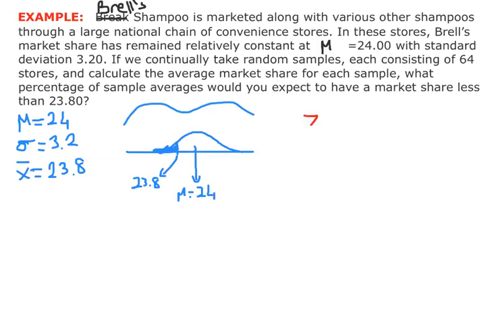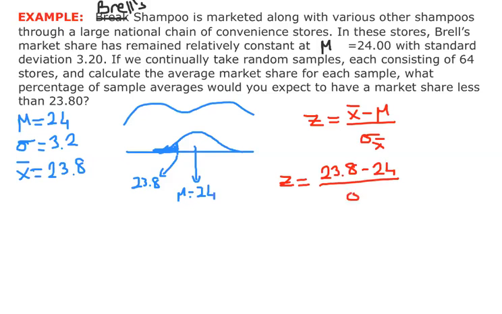Z-score is calculated by z equal to x bar minus mu divided by sigma x bar. So z is equal to x bar, 23.8, minus my mu, 24, divided by sigma x bar. Let me calculate sigma x bar on the side. Sigma x bar is equal to sigma divided by square root of n.